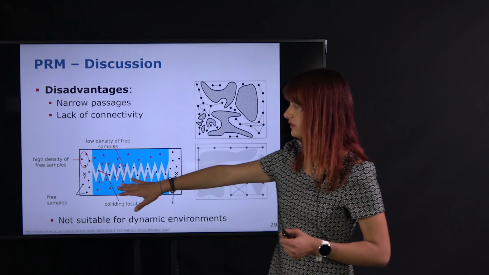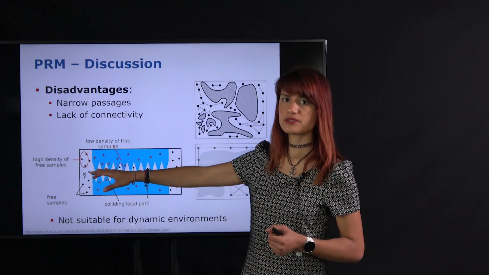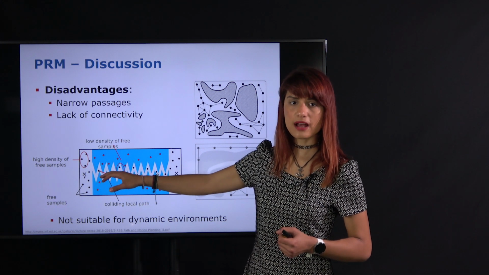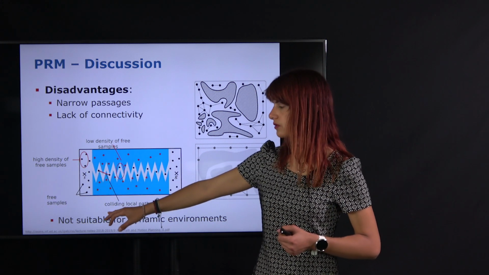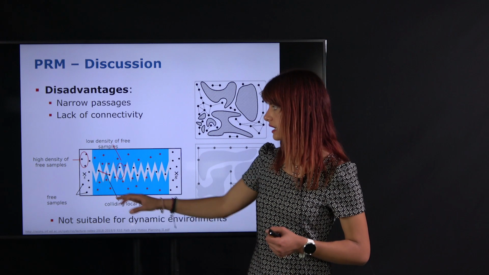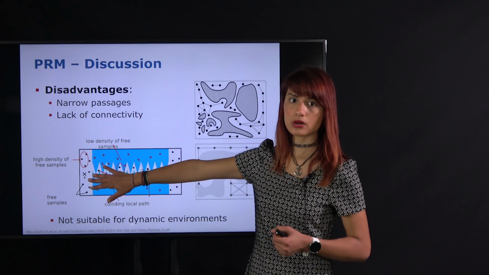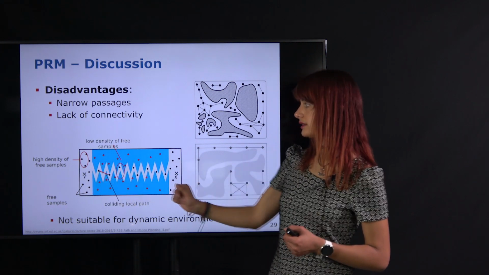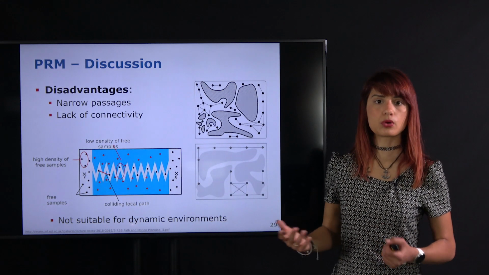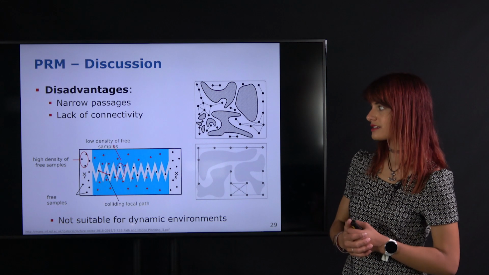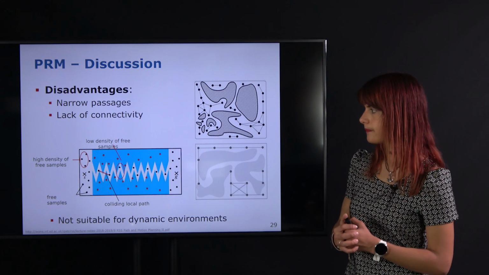And so even when we try to connect free space samples within the narrow passage to each other, we'll run into collisions and we won't be able to find suitable roadmap connectivity here. And our algorithm will report infeasibility actually unless it samples for very long.